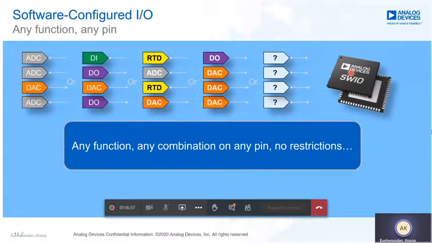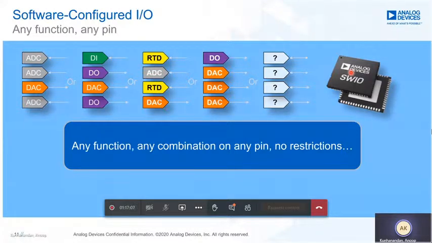Today you might configure it for input voltage sensing. Tomorrow the same channel you may reconfigure for an output voltage or an RTD or a TC. It's that simple. Just communicate and tell the IC or the chipset that I want an output module or an input module with the proper settings. It just gets configured. So you get any function at any pin, however you want, as the system demands.